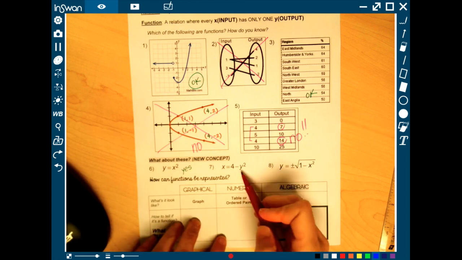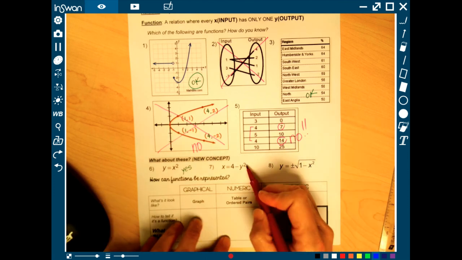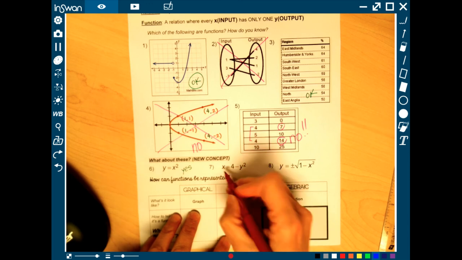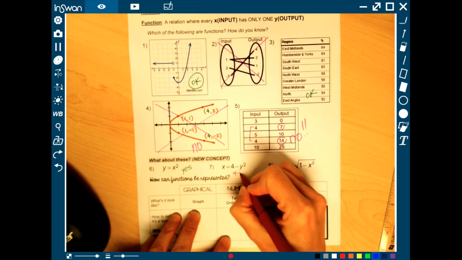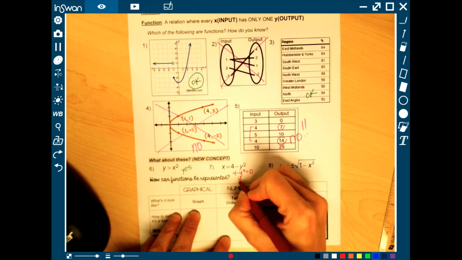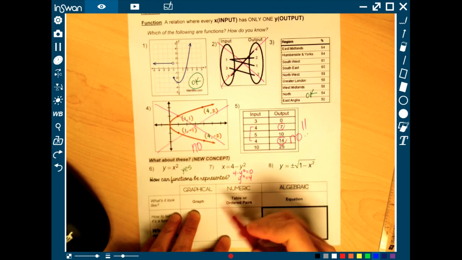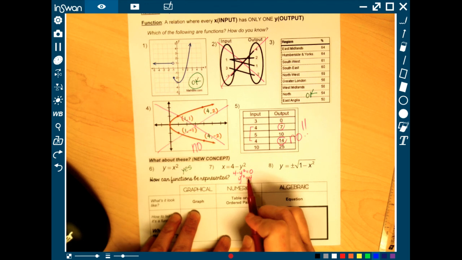Okay? Now this one here, it is not solved for y. What you could do is you could solve for y, or if you imagine plugging in an x value, like let's say I plugged in 0 for x, I'm going to get 4 minus y squared equals 0, or y squared equals 4. Now, if I were to square root this, or imagine just numbers that would work, I can have a negative or a positive too, and square it, and it would give me 4.